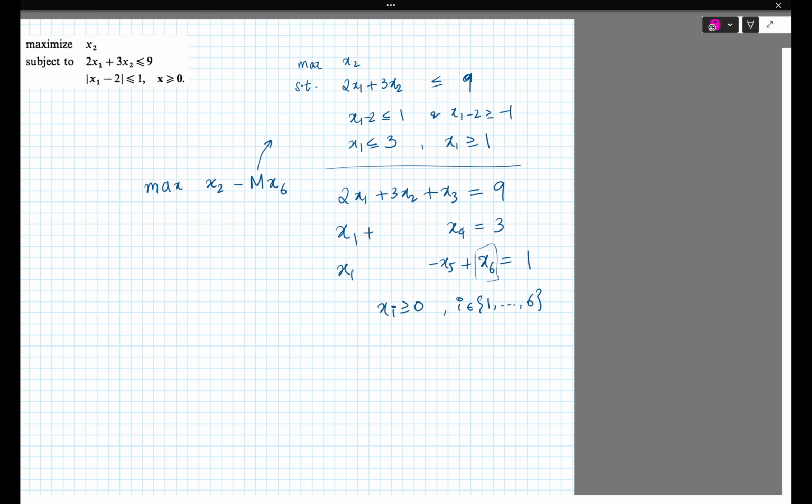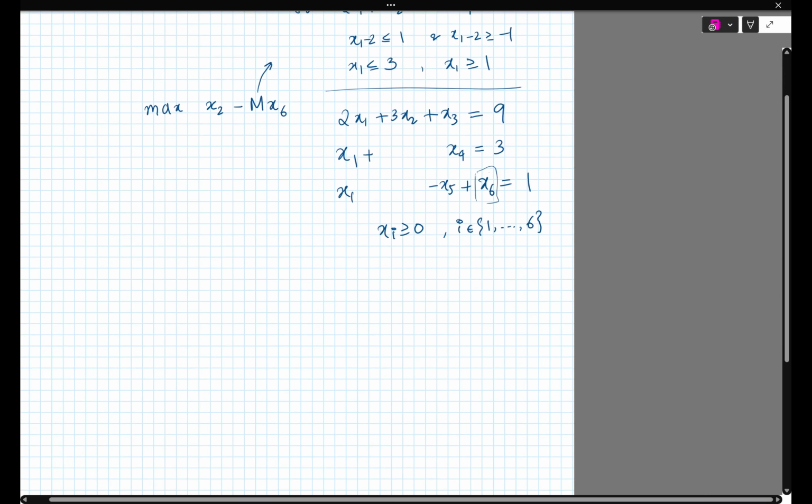Even if we don't include x6, the equality constraint still holds. But we are adding this x6 for convenience of doing the simplex, right? Yes, because x1 equal to 1 will become an identity matrix. We have to add x6, otherwise x1 will not give an identity matrix if I take x1 equal to 1.